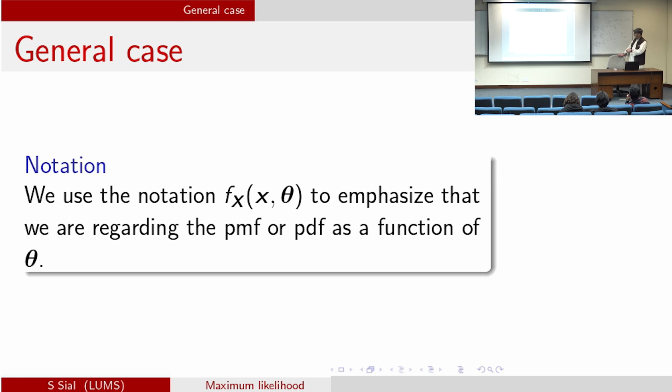So we take our PMF or our PDF, and this x is some result after the experiment. The values of x are set, the outcomes are given. And this probability of getting that result is thought of as a function of theta, the vector of parameters that we don't know.